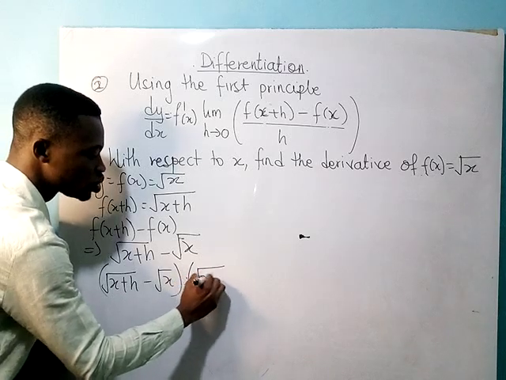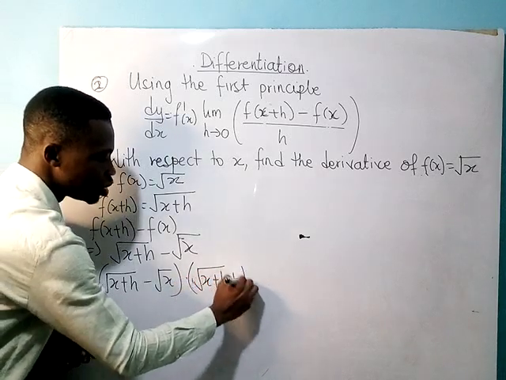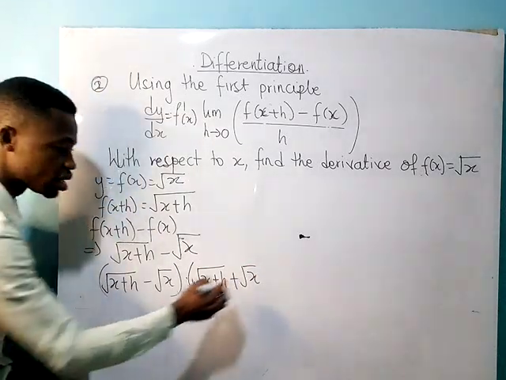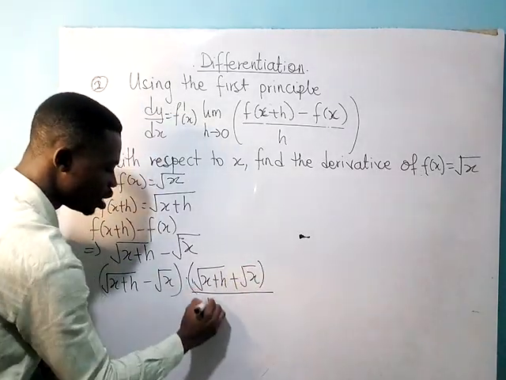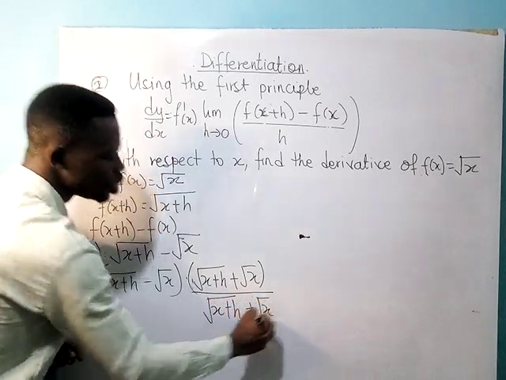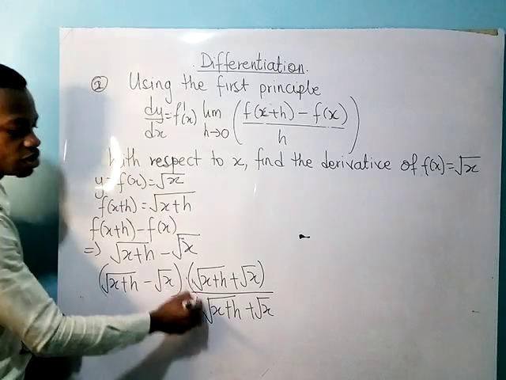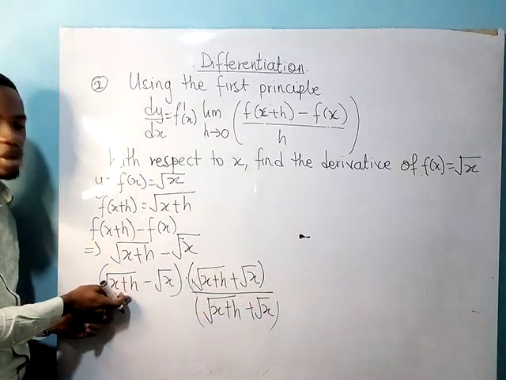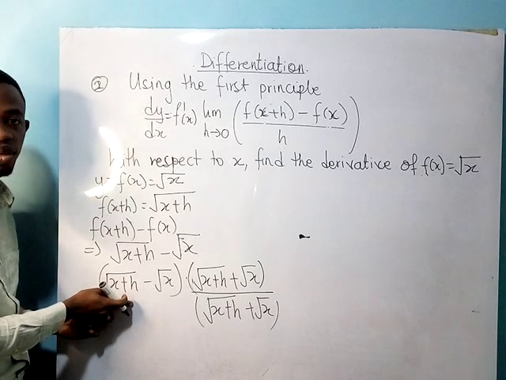So by square root of x plus h plus root of x over square root of x plus h plus root of x, because this can cancel this and we still have our main expression over here.